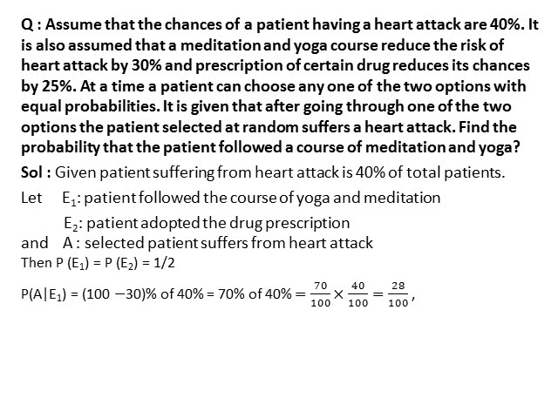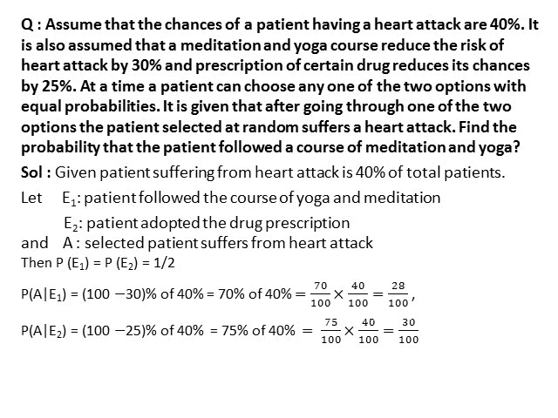So P(A given E1) equals 70% of 40% equals 70 by 100 multiply 40 by 100 equals 28 by 100. Also, according to the statement, prescription of drug reduces the risk of heart attack by 25%. So, there is a 75% chance that patient suffers from heart attack even if he follows drug prescription.